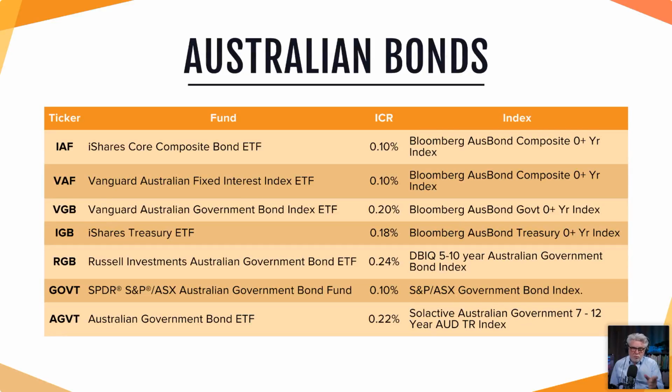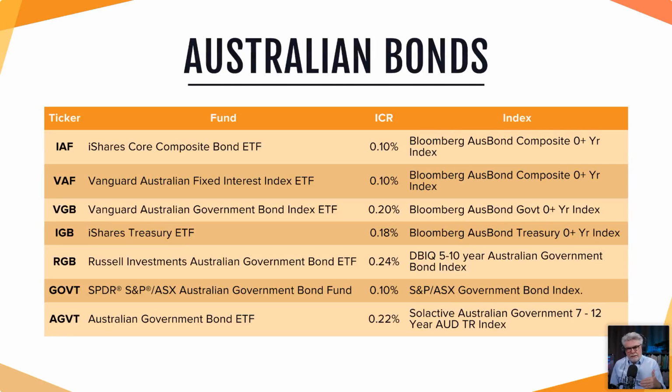So the returns in shorter term bonds, particularly government bonds, is very low relative to what you can get in cash. So there's a lot of thought to putting together a bond portfolio once you get into significant levels of it.